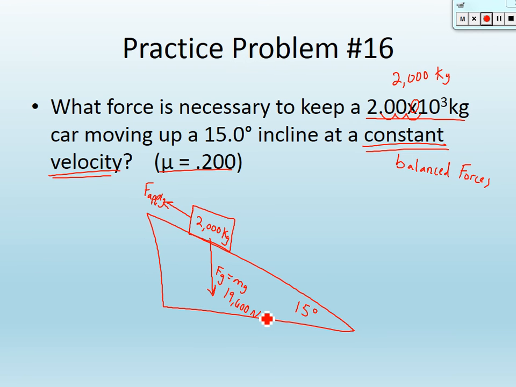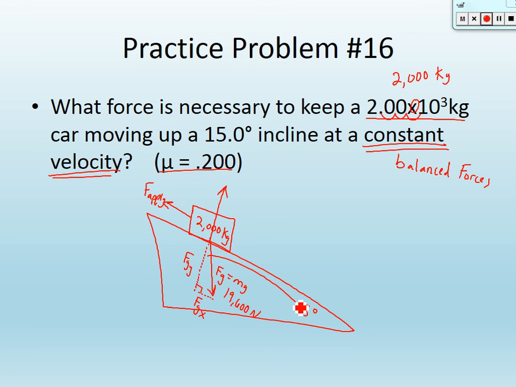All right, so now we know that the normal force goes perpendicular to the ramp, and that normal force kind of continues down below it and makes FGY. We make the right angle here, so this is FGY, and this one is FGX. Now, if this inclined plane is 15 degrees, we know that our angle at the top of that triangle is 15 degrees.